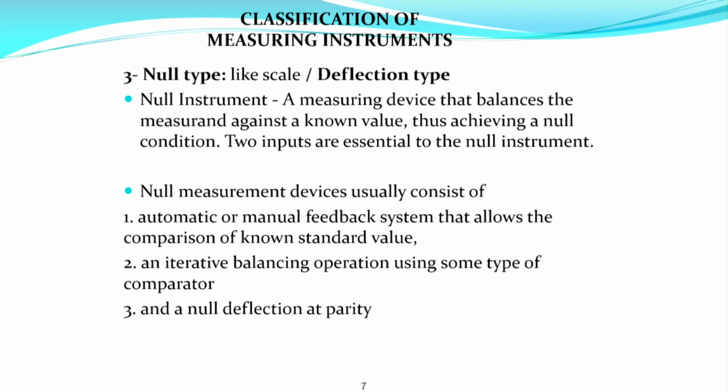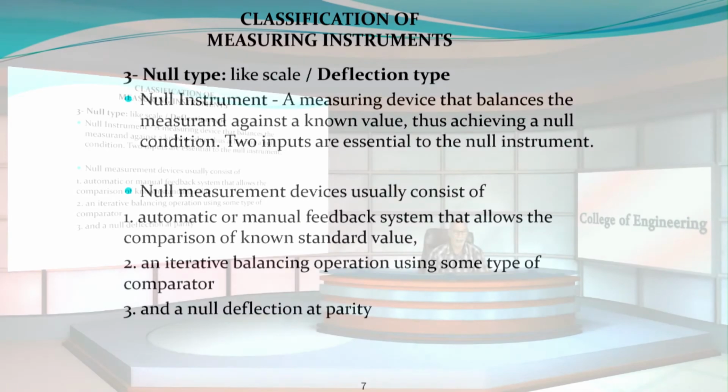Null measurement devices usually consist of, first, an automatic or manual feedback system that allows the comparison with a known standard value, second, an iterative balancing operation using some type of comparator, and third, a null deflection at parity.